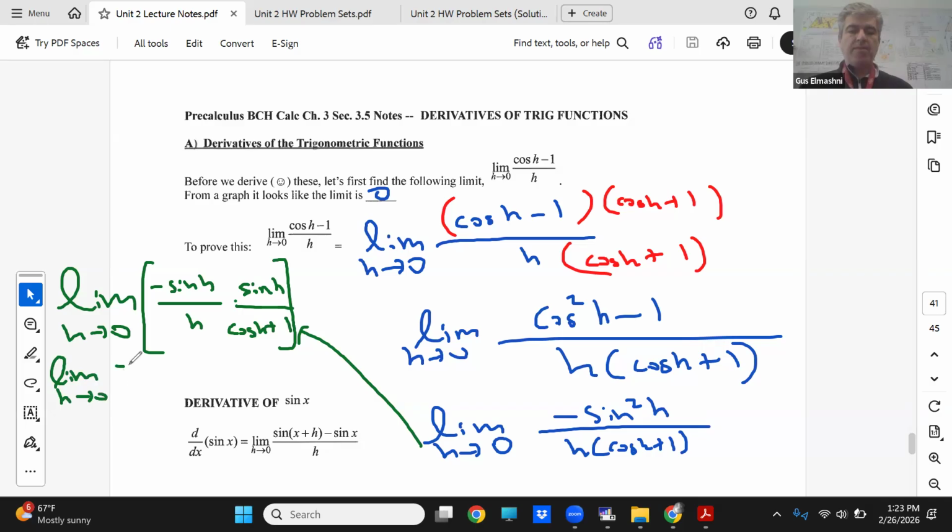If you have negative sine h, and of course you have this one over here as well, so this will be negative 1 times, and I could just substitute the second expression.